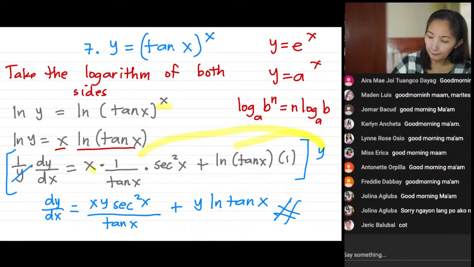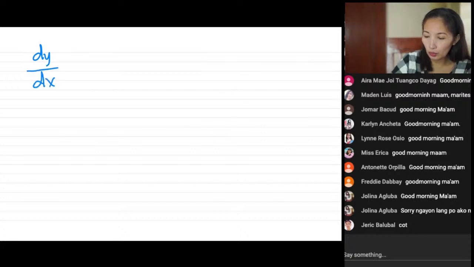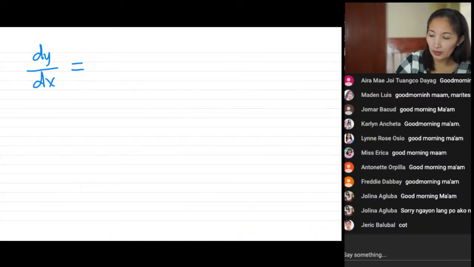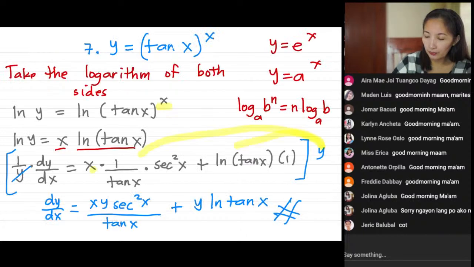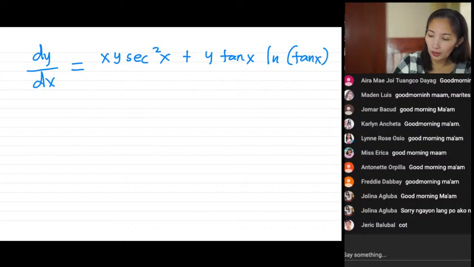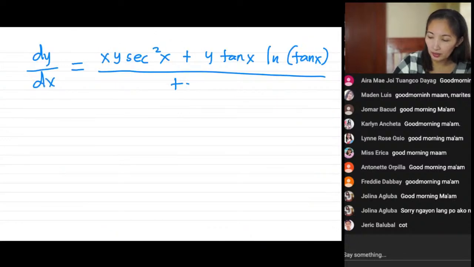dy over dx is equal to, let's copy from the previous, xy secant squared x plus y tangent x natural logarithm of tangent x, all over tangent x.